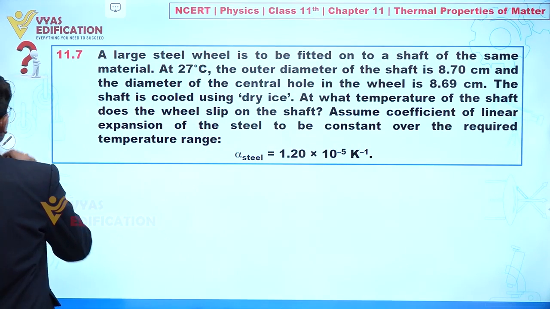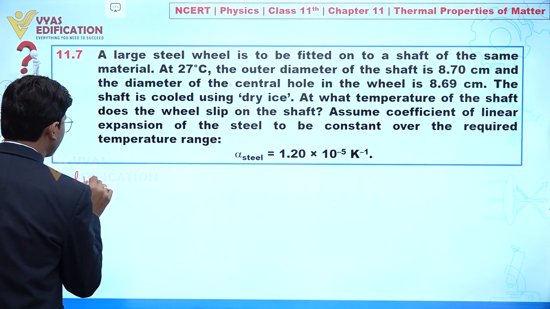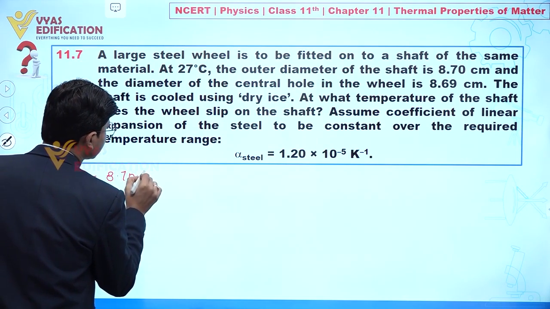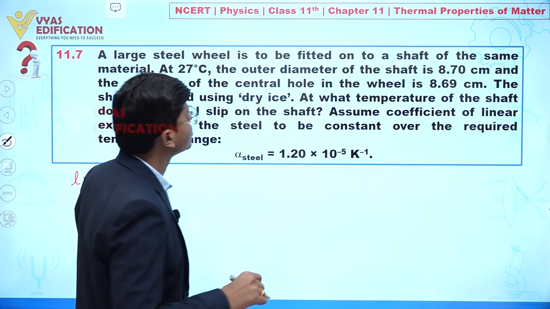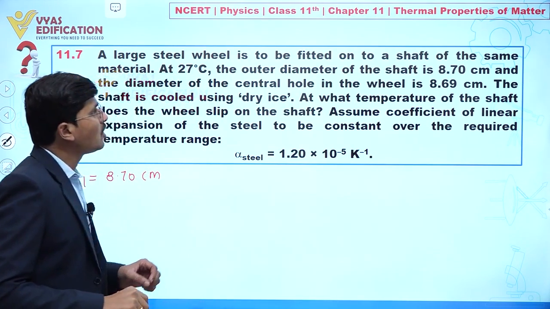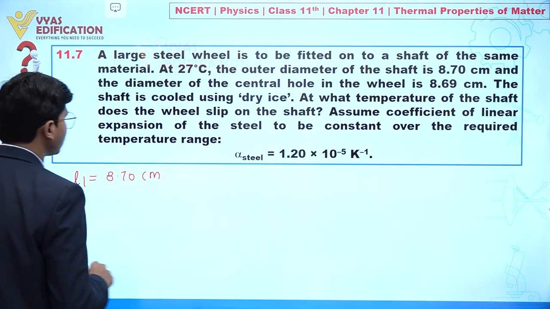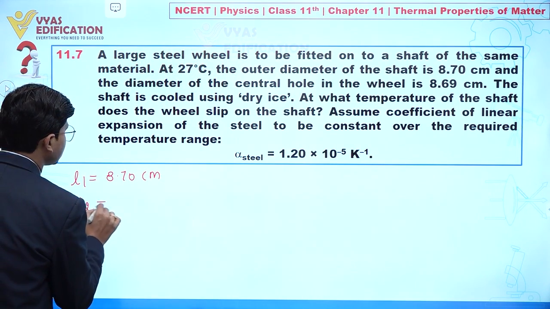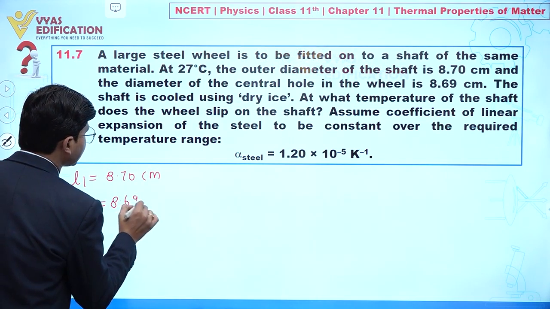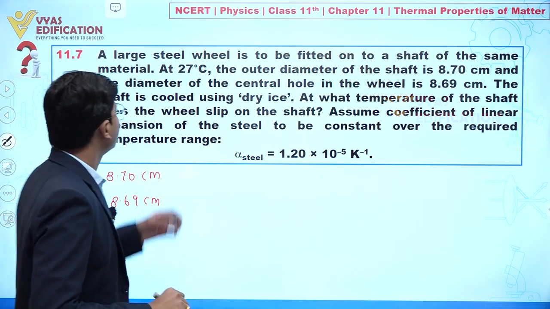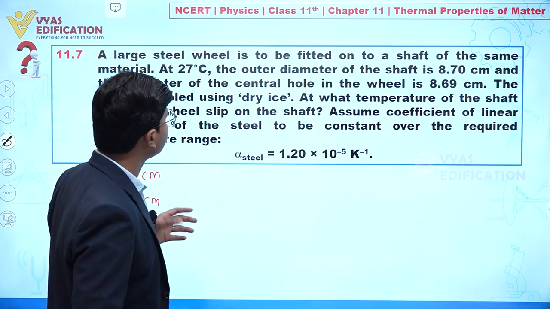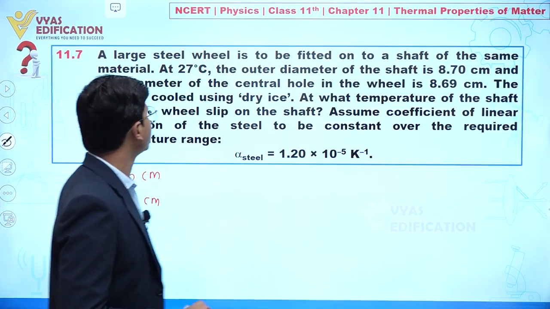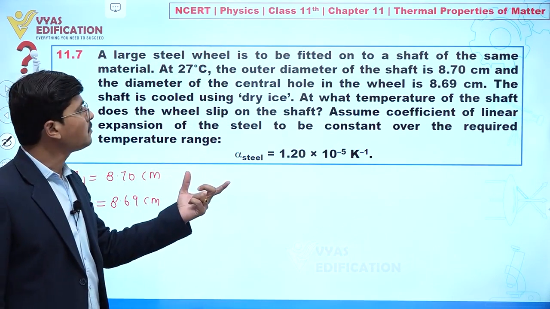So let's suppose I am saying value of L1, this is 8.70 centimeter, and the diameter of the central hole of a wheel. Let's suppose this is L2, 8.69 centimeter, it is given. The shaft is cooled by using dry ice. At what temperature of the shaft does the wheel slip on the shaft?